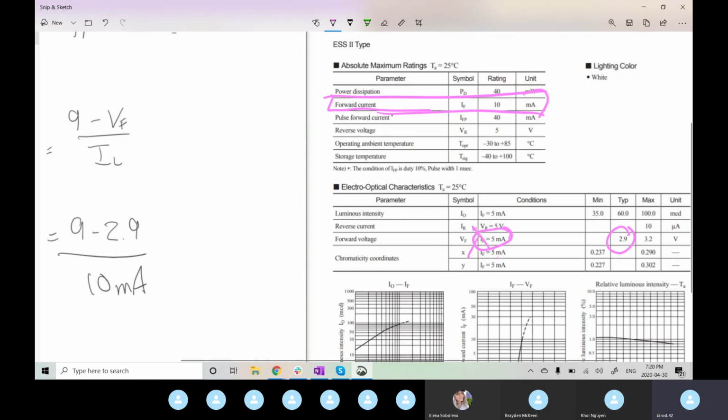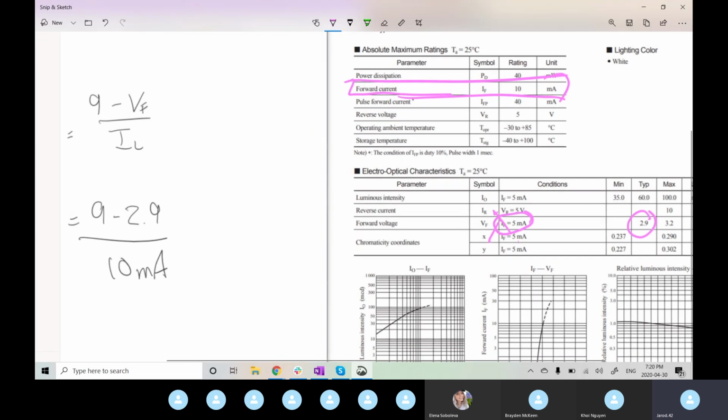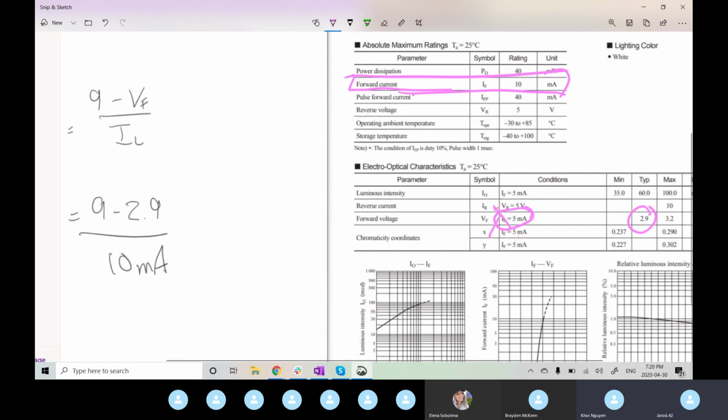So we don't overly care about the 5 milliamp value. So then, whatever, 9 minus 2.9, 6.1 over 10 milliamp. What's that, 16?